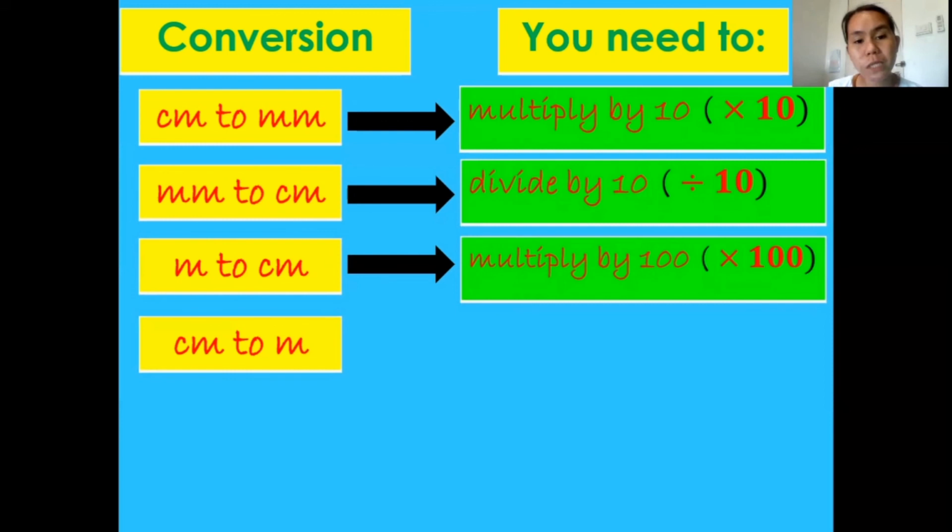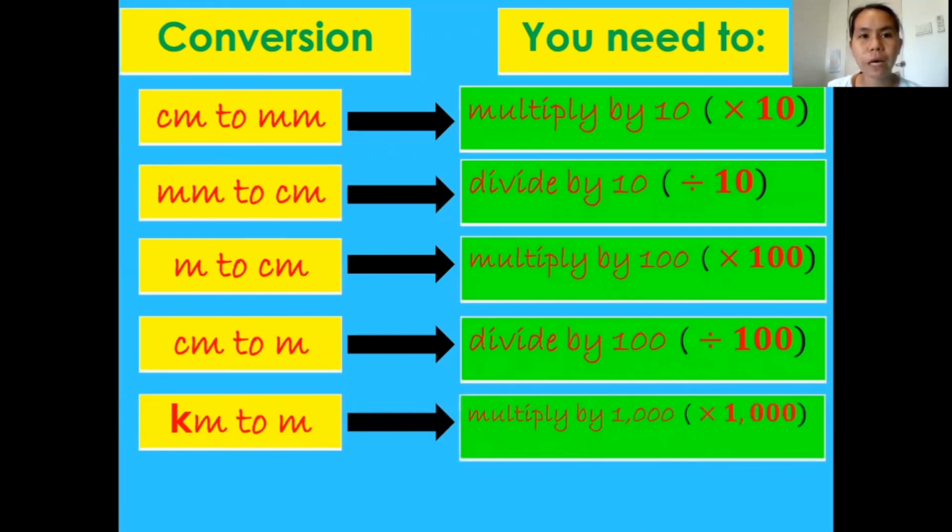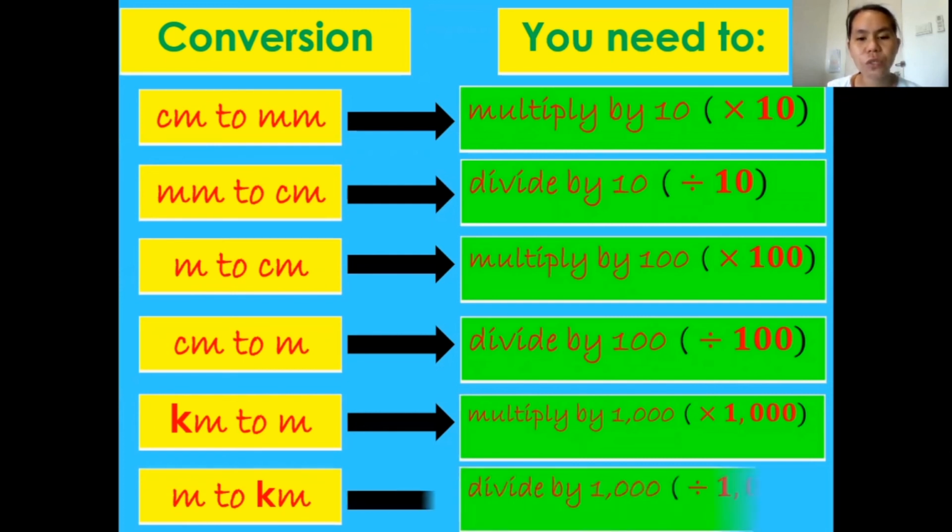Centimeters to meters, you need to divide it by 100. For kilometers to meters, you need to multiply by 1,000. And vice versa, from meters to kilometers, you need to divide by 1,000. So remember all of this so that you can easily answer the questions in your worksheets.